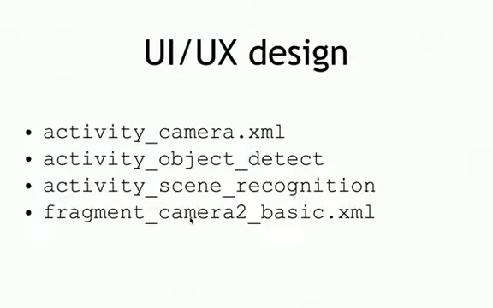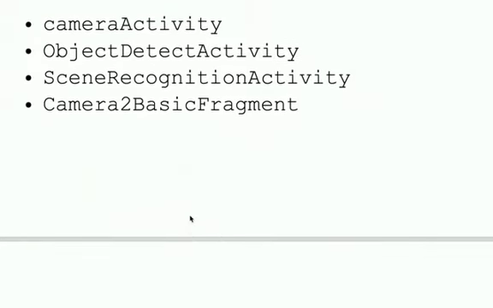The UI of our application has four files, including activity_camera.xml, where the camera landing page is defined, where we can take the picture of any object, which has two buttons. When the image is clicked with either object mode or scene mode, two other files are described for scene mode and for object mode.